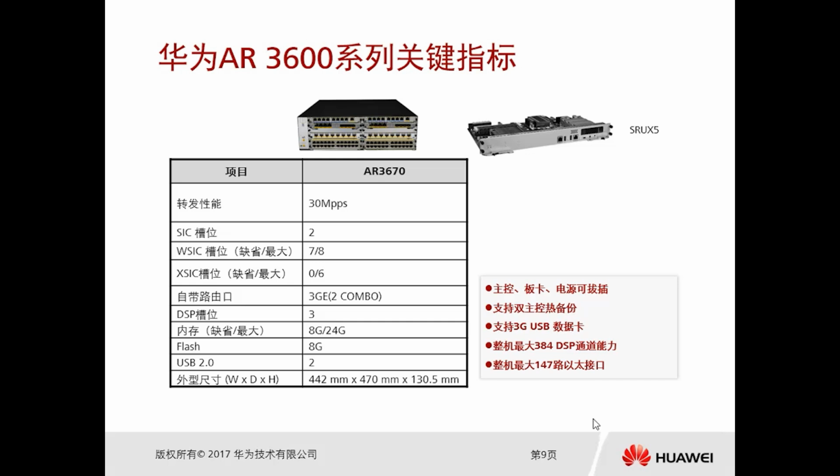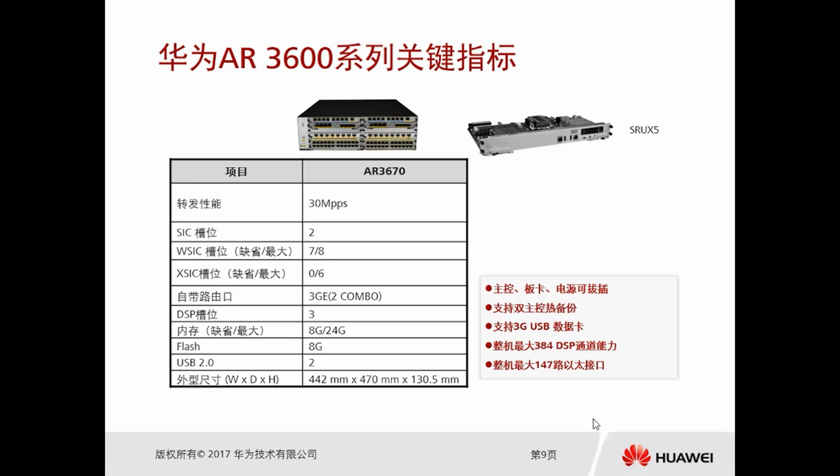Now let's take a look at the red section. It refers to some features: its main control board and power supply are all hot swappable. For your later operations and maintenance, it's very simple.